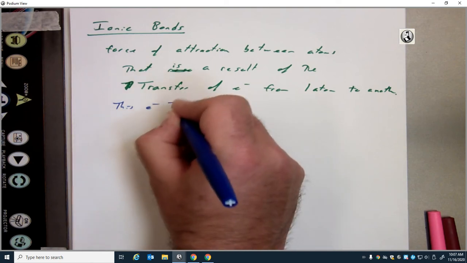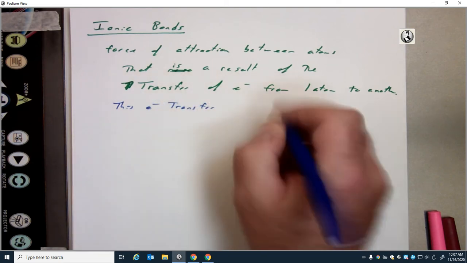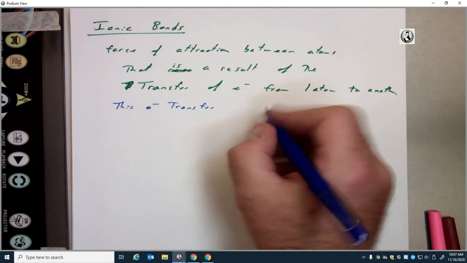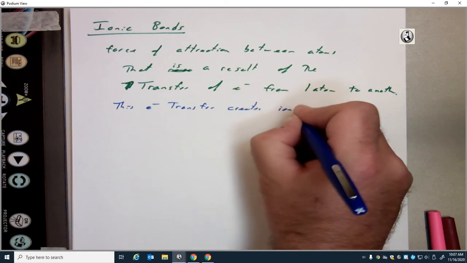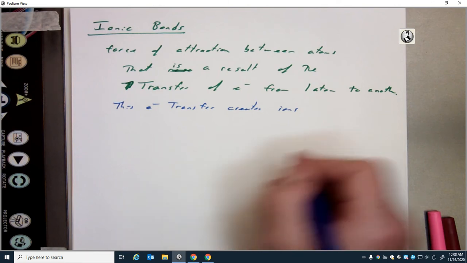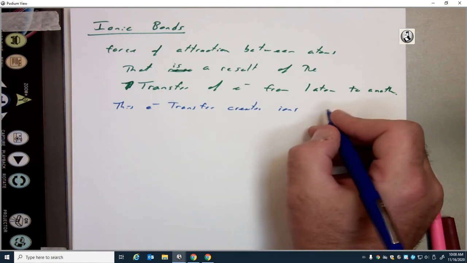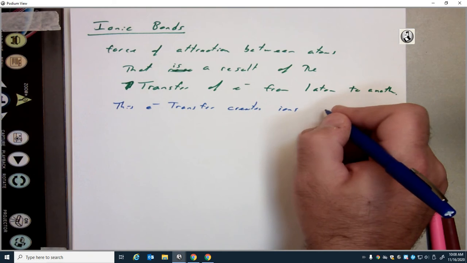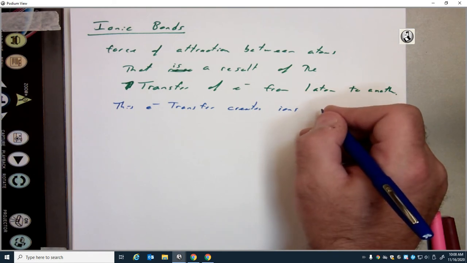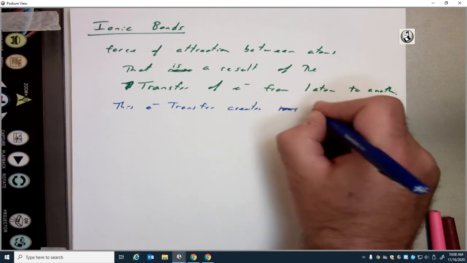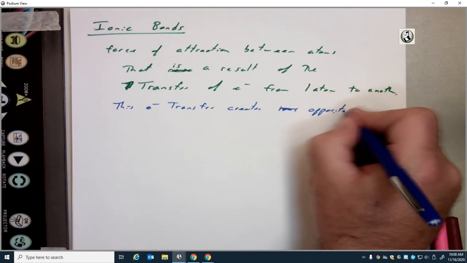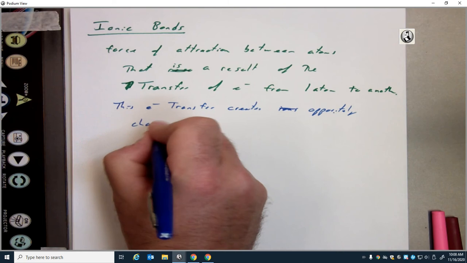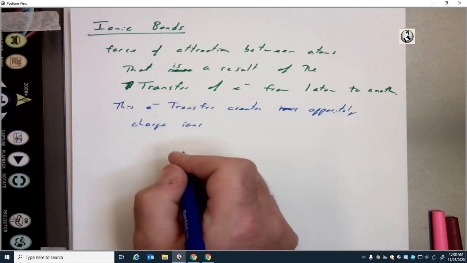This electron transfer creates oppositely charged ions.